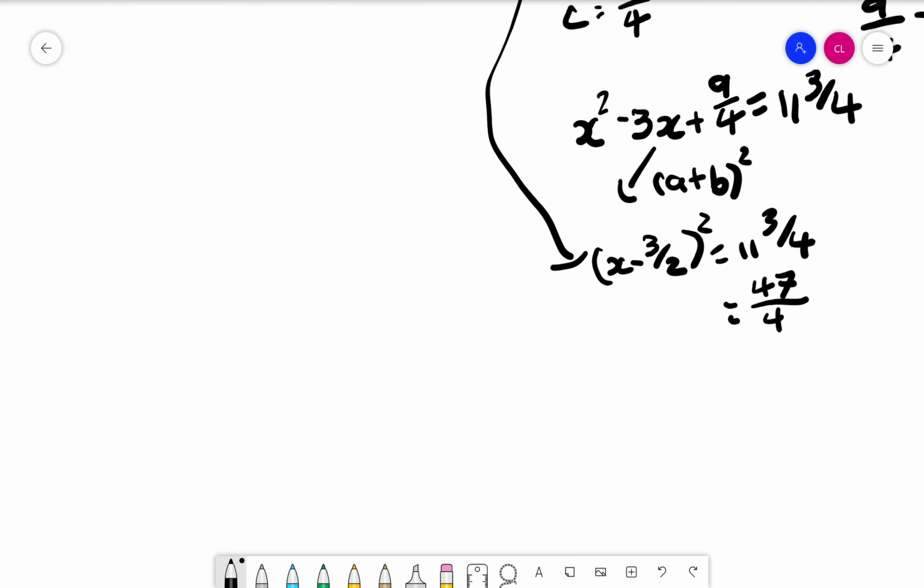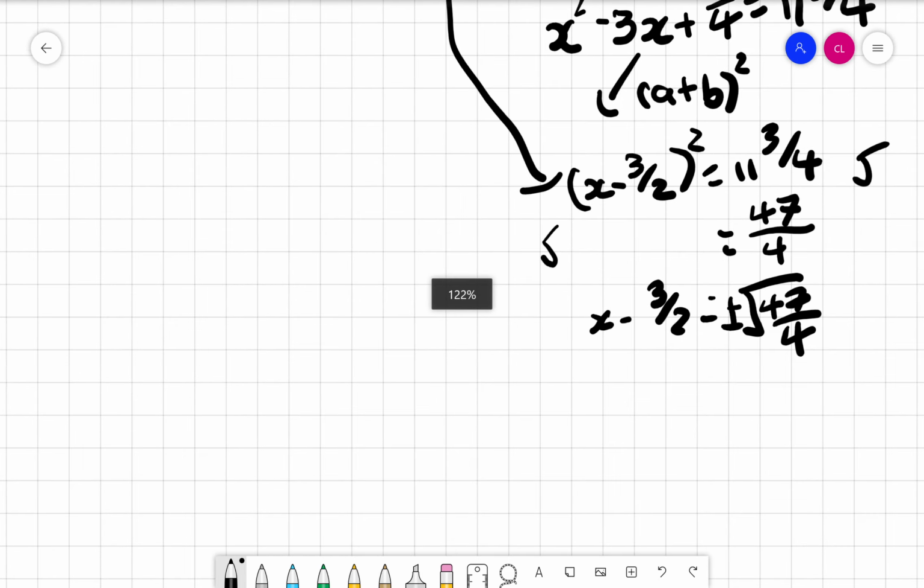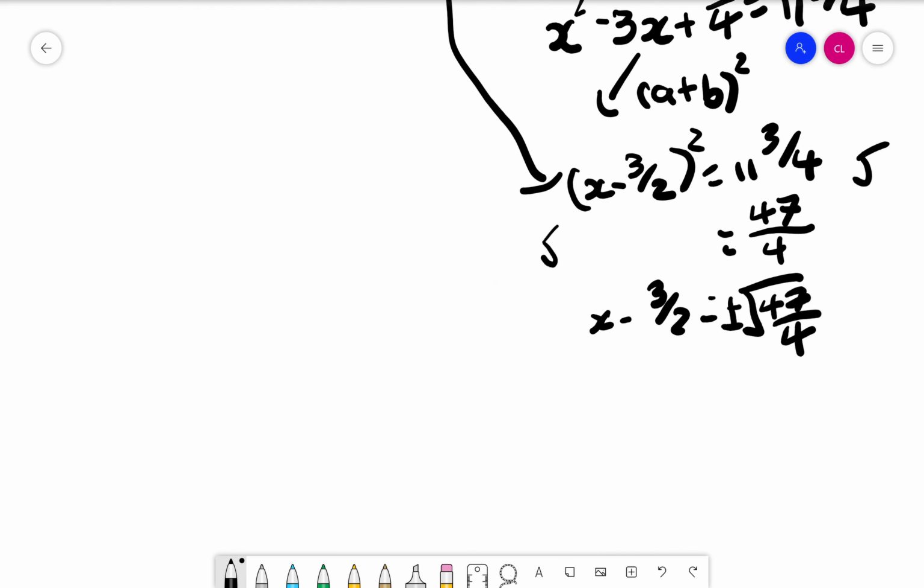So then you simply square root both sides, and you'll have x minus 3 over 2 equals plus or minus the square root of 47 over 4, right? So x minus 3 over 2 equals plus or minus that.